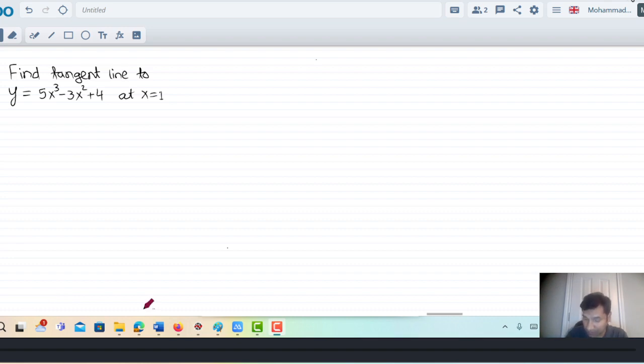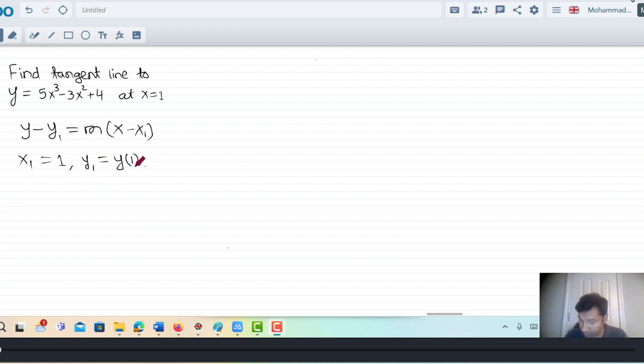The formula is y minus y1 equals m times x minus x1. Here x1 is given, x1 equals 1, and y1 is the y value at that point.